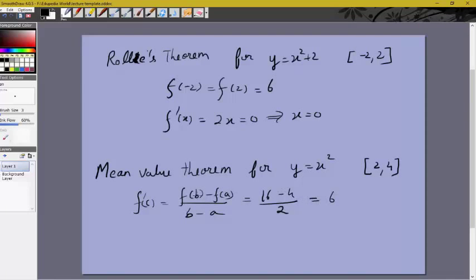So we know there must be some c such that f'(c) is 6. What is f'(x) for y equal to x squared? That is 2x. That is equal to 6 if x is equal to 3, and we can see that 3 indeed does lie between 2 and 4.